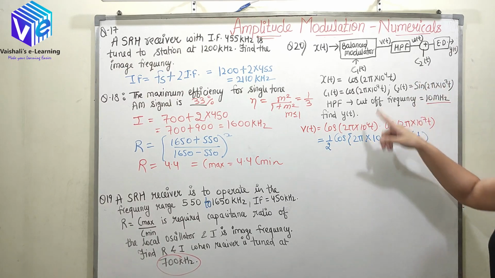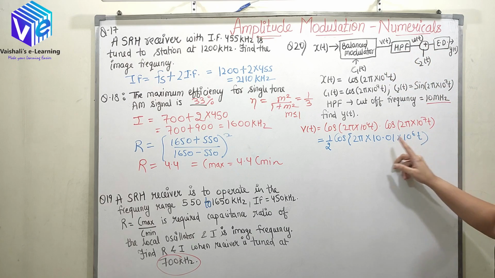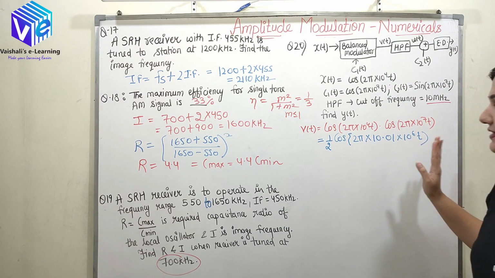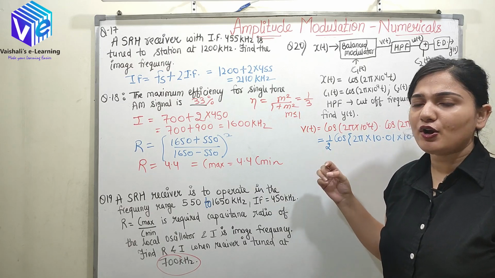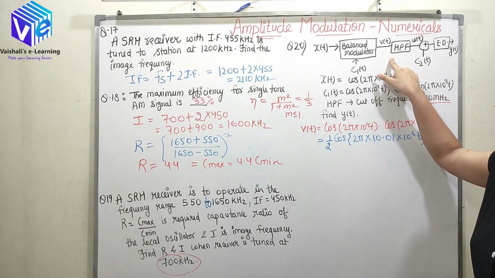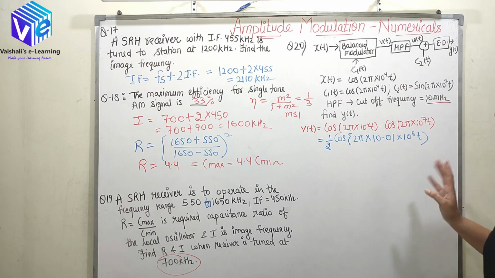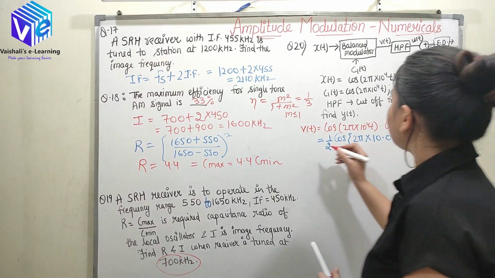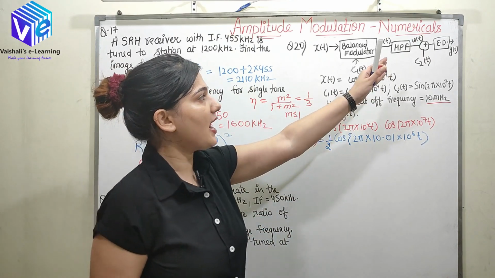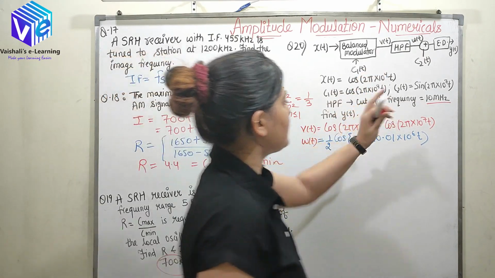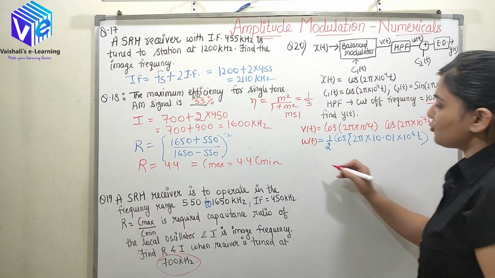Because it was passed through the high pass filter, I already rejected the low frequency value, so there is no need to have a look at that value because that is rejected at the high pass filter. So now this is my WT. So WT is the output after the high pass filter. Now WT is multiplied with the C2T.